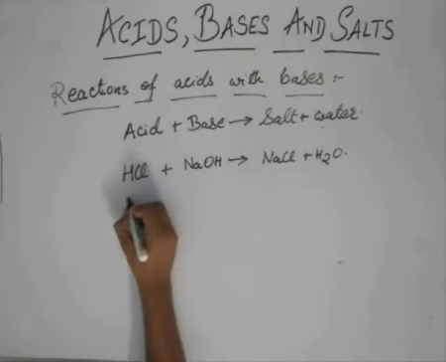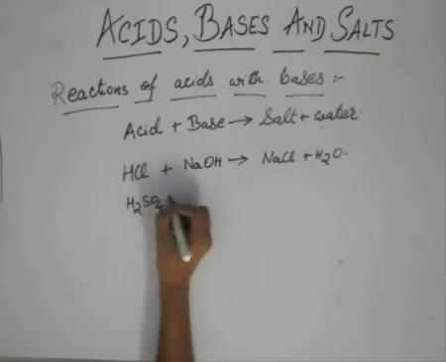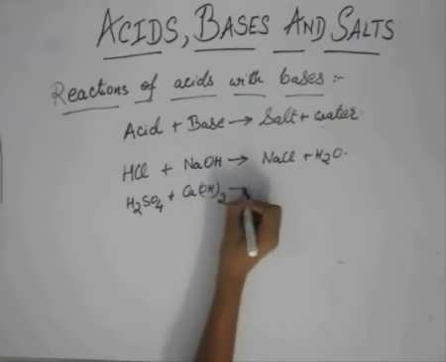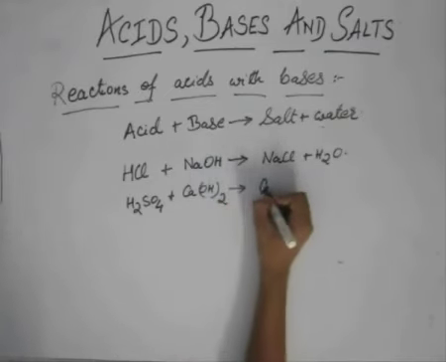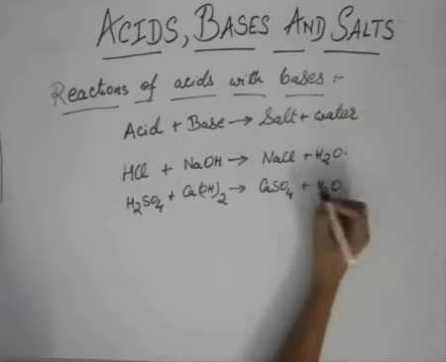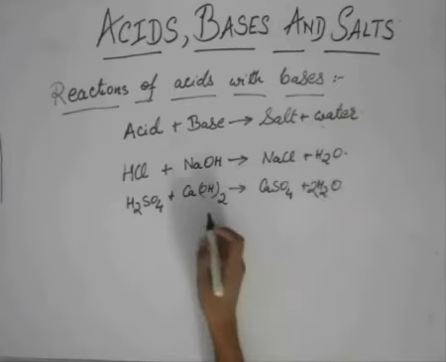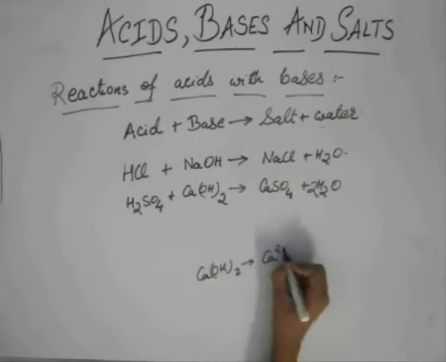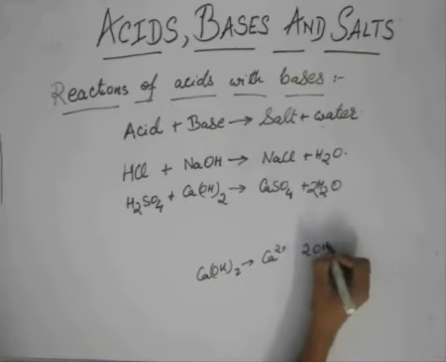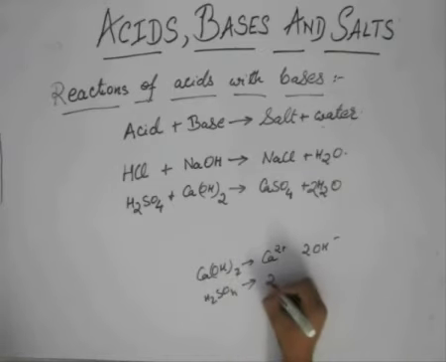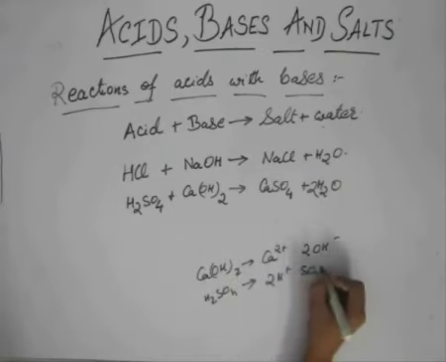Similarly, suppose H2SO4 plus Ca(OH)2, it will give CaSO4 plus H2O, but in this case it will be 2H2O, because Ca(OH)2 will release Ca2+ ions and 2 OH- ions, and H2SO4 will release 2 H+ ions and SO4 2- ions.